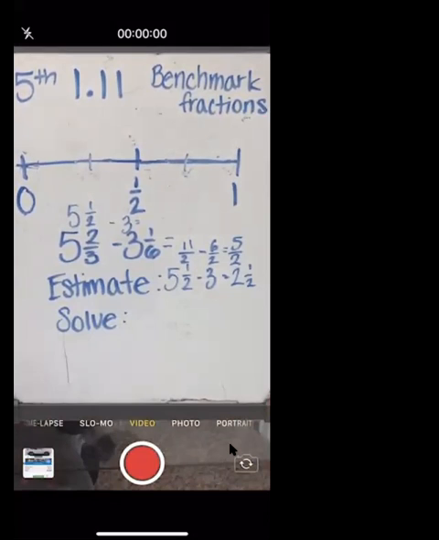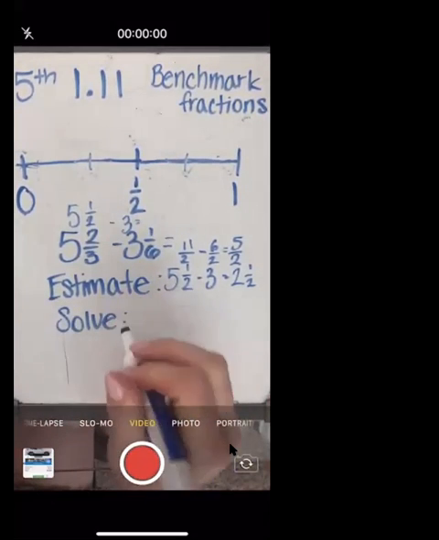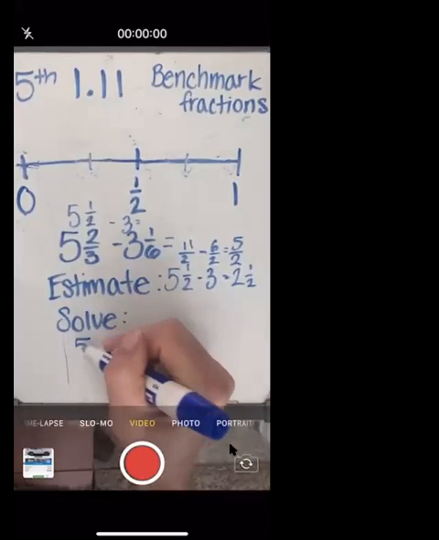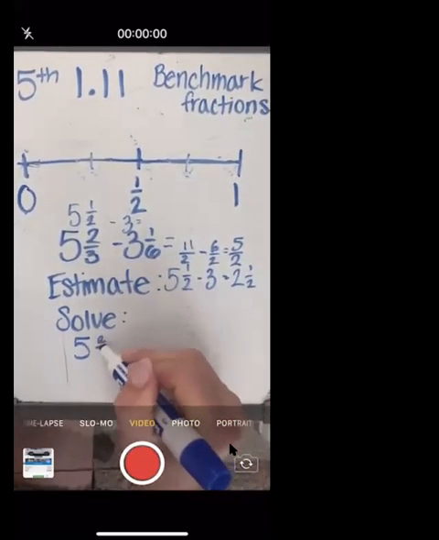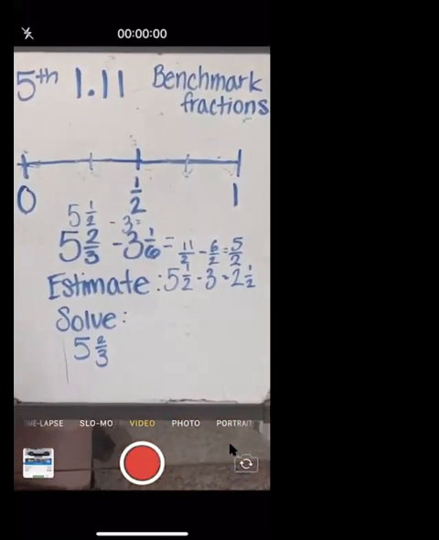All right, so we want to say our answer is somewhat close to 2 1/2, right? Justin, will you give us our exact answer? Our exact answer is 2 1/6. And how did you get that? What did you do? Because I noticed we have 5 2/3 minus 3 1/6.